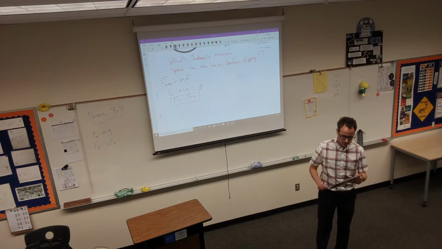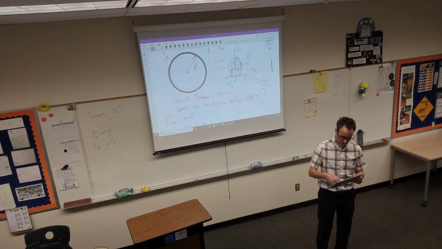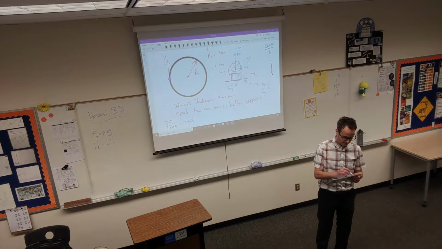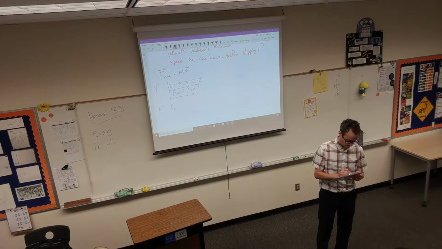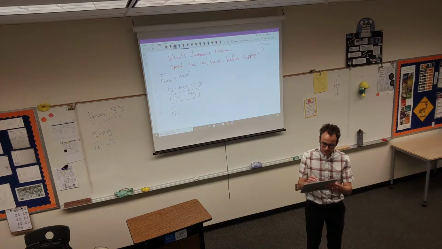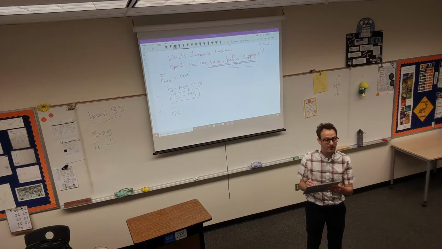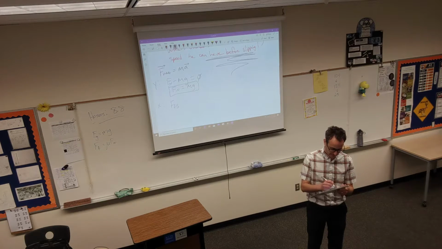What about in the horizontal direction? What's the net force? Force of static friction. And if we're talking about just before slipping, what kind of static friction force is this? That's maximum static friction force.